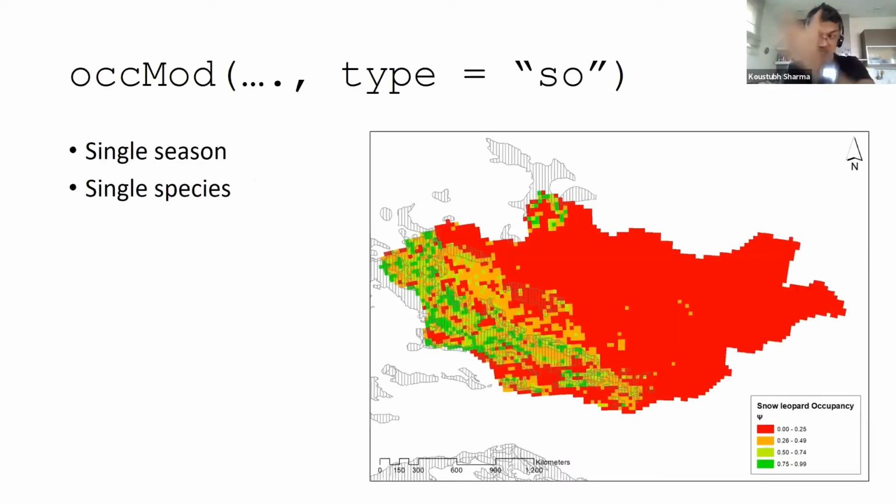Now, you all might remember we've explored this map several times. The most standard and the most basic use of occupancy surveys, which they call the single season, single species model, is where you have data from a snapshot of time and you use it to estimate where the species is using the space more, where is it using it less.